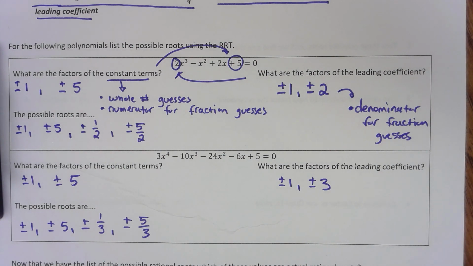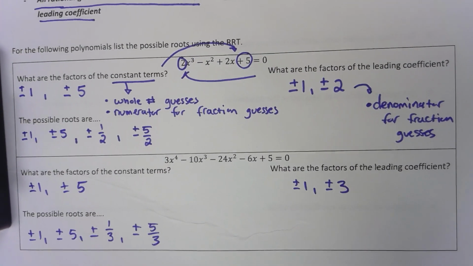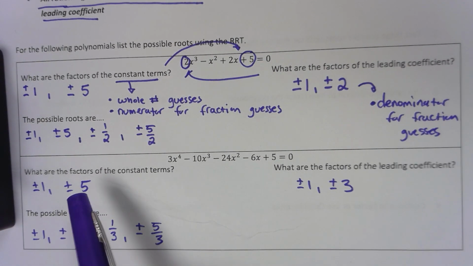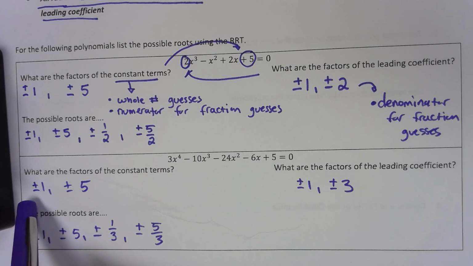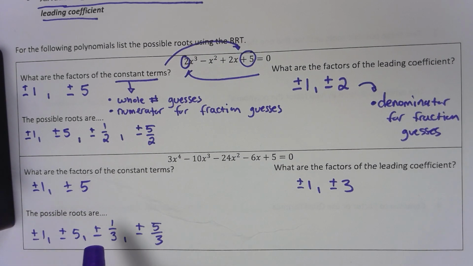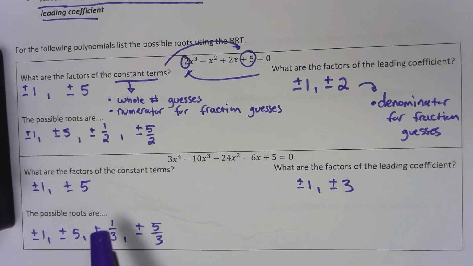Okay, so the list ends up being not too different from what we had in the previous polynomial. And that's because the constant term is 5 again. So we're going to get those same factors of 1 and 5 that are the whole numbers. And those values, again, can also be the numerators of any possible solutions that are fractions. Okay, so plus minus 1, plus minus 5, and then 1 and 5 can be numerators.